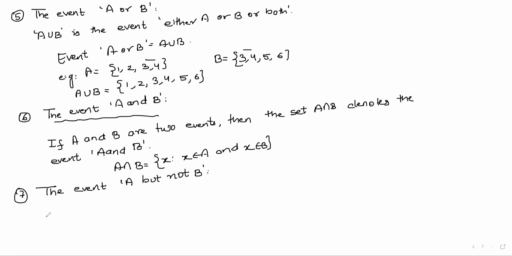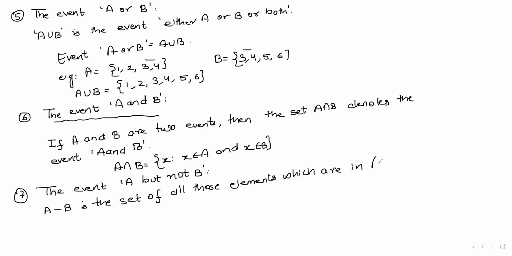So A minus B is the set of all those elements which are in A but not B. Okay, so A minus B is equal to A intersection B complement.